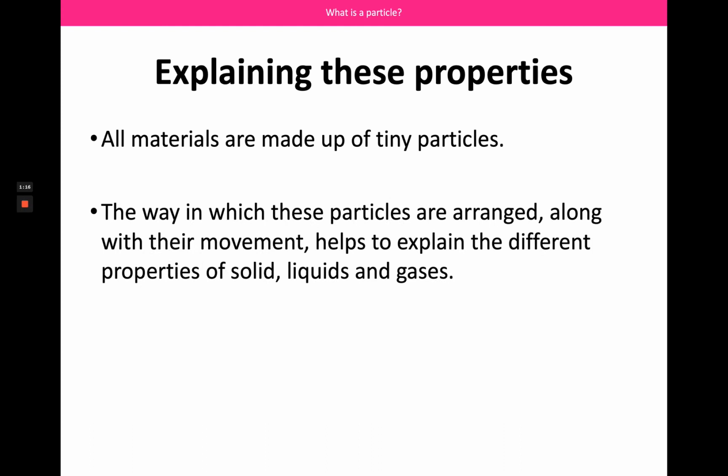And it's not just the fact that they're made of tiny particles, because of course if it's a solid or a liquid or a gas, it's still made of those particles. So it's also going to be regarding how they're arranged. That means how they're put together or stuck together. It's going to be regarding their movement. And those two aspects in particular are going to help explain the different properties of solids, liquids and gases.